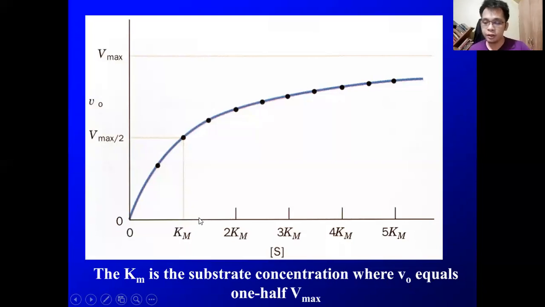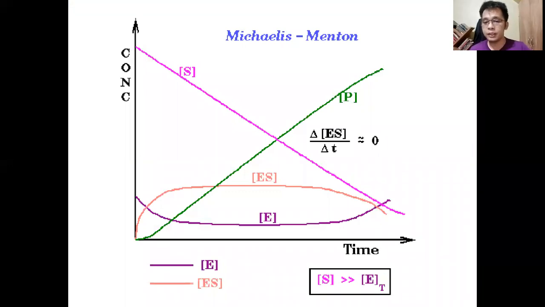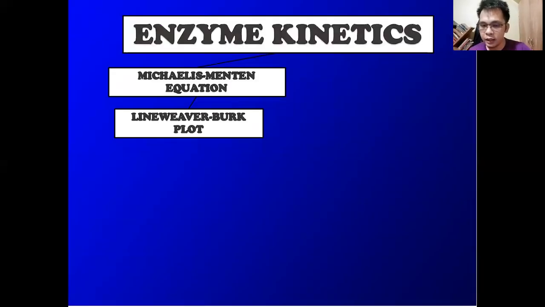To determine the velocity of the reaction, you just take the maximum velocity divided by 2, and you will get V sub O, the rate of the reaction, assuming the Michaelis-Menten constant is equal to the substrate concentration. This is just another typical graph for the reaction progress of the enzyme interacting with the substrate, or the substrate at the enzyme's active site. So that is our Michaelis-Menten equation.